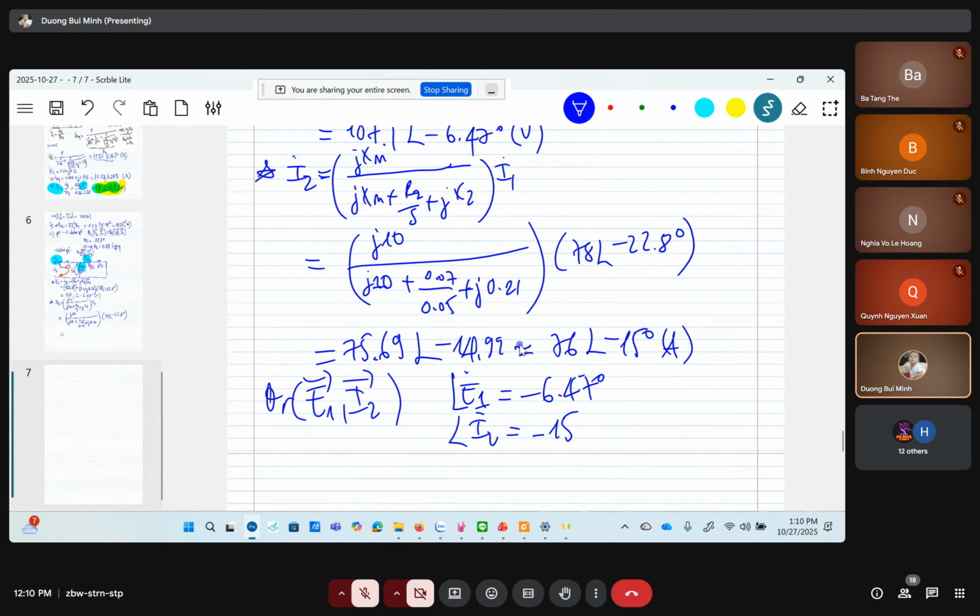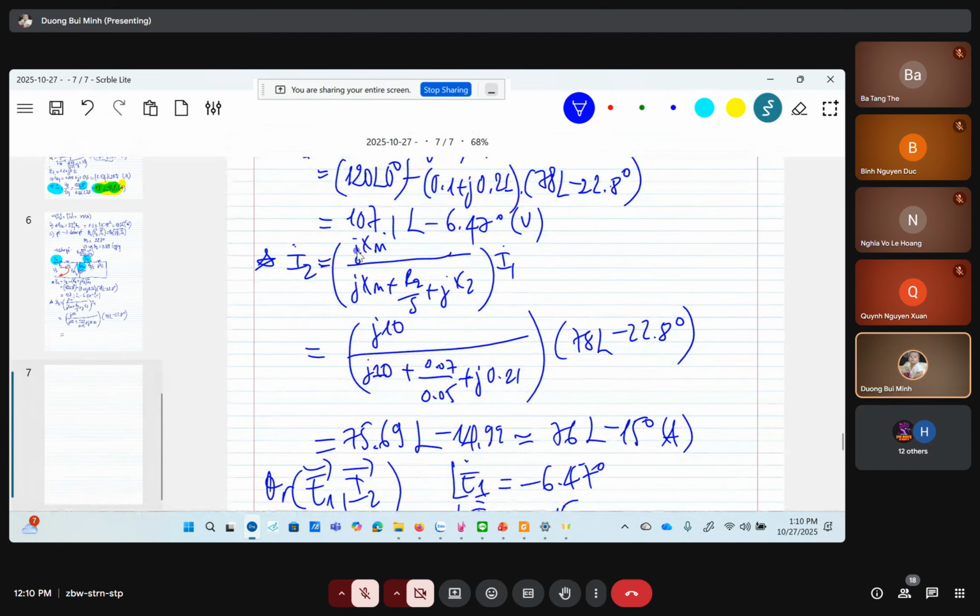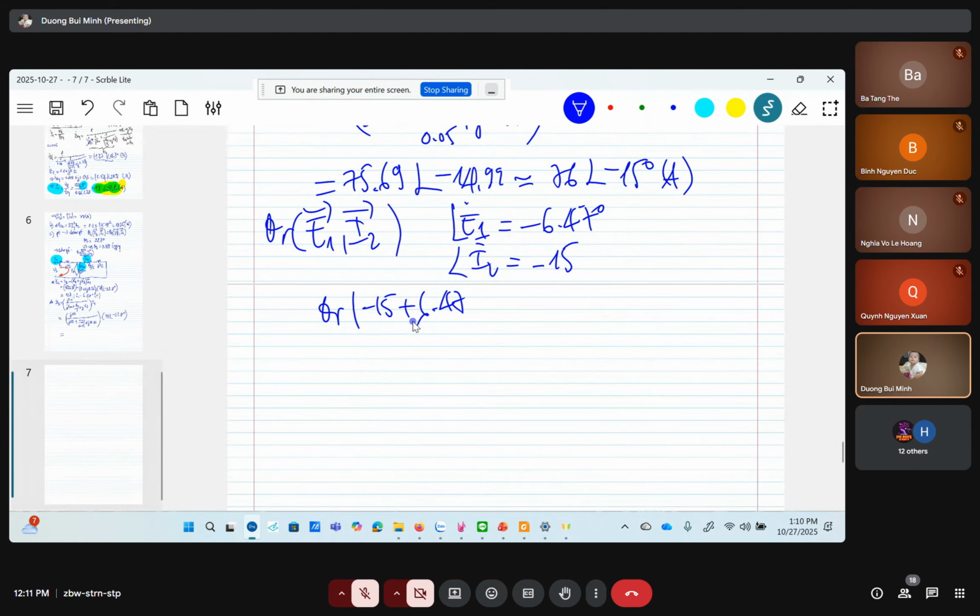So we can get theta R as 15 minus 6.47, absolute, which gives 8.53 degrees.